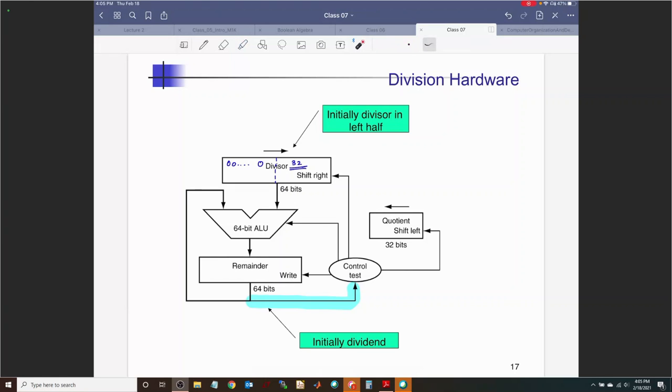So when you subtract, you go into that remainder, you may write to it or you may not write to it, but that's exactly what you are observing. Now let's take a look at what it is controlling in yellow.